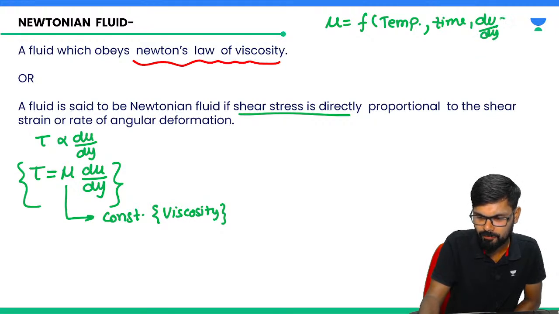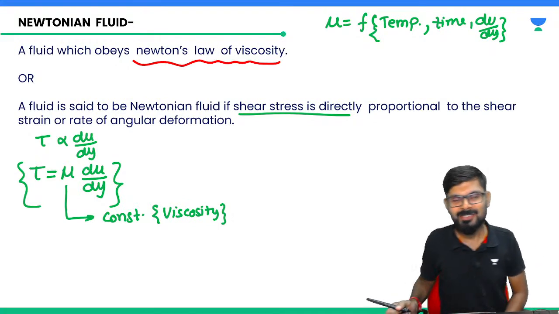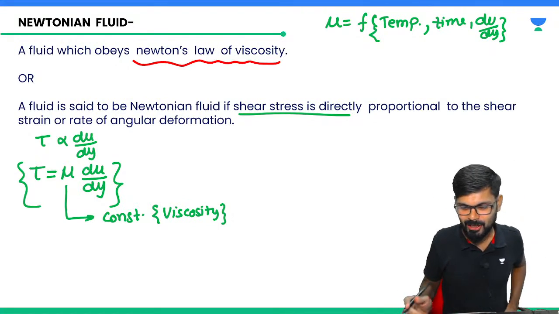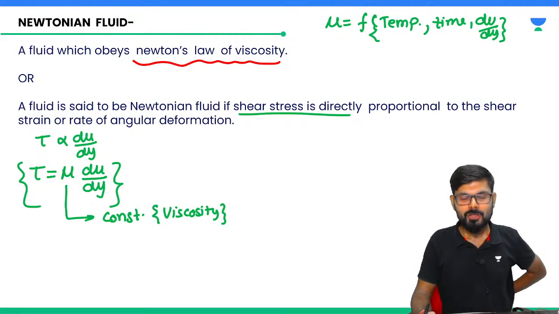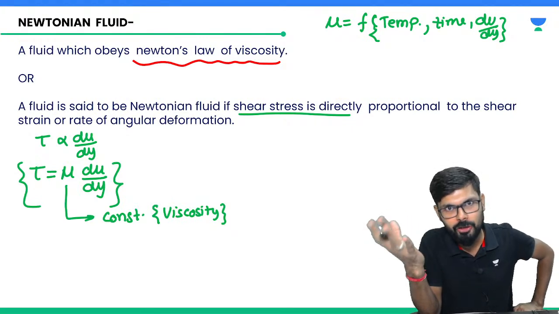Mu is a function of temperature, time and du by dy. Please listen carefully, no one is going to talk.